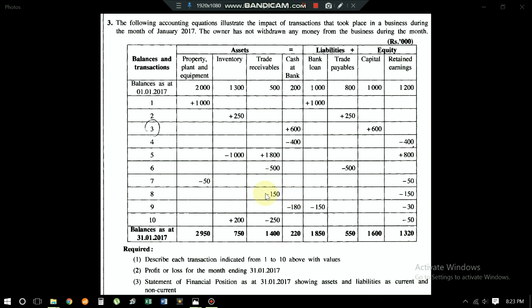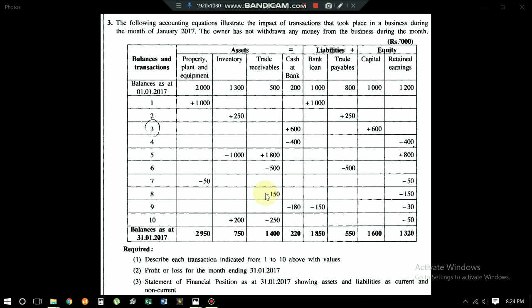Okay, now we have the basic idea about this question. Now I'm going to explain how to identify answers, or how to write transactions from 1 to 10. In this, property, plant and equipment means all non-current assets we have.